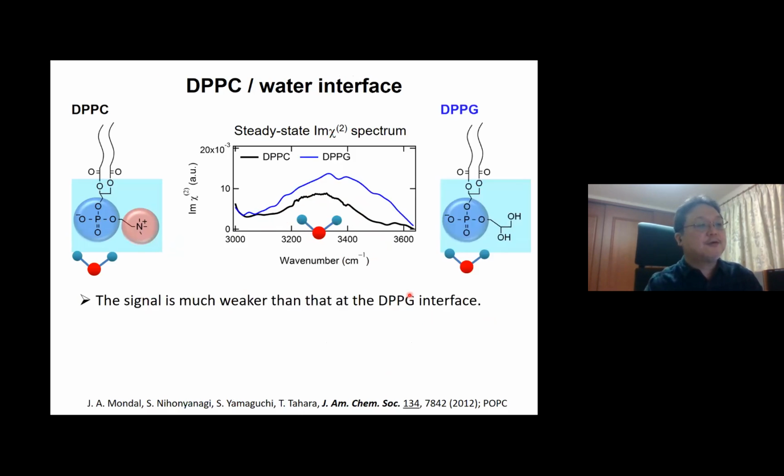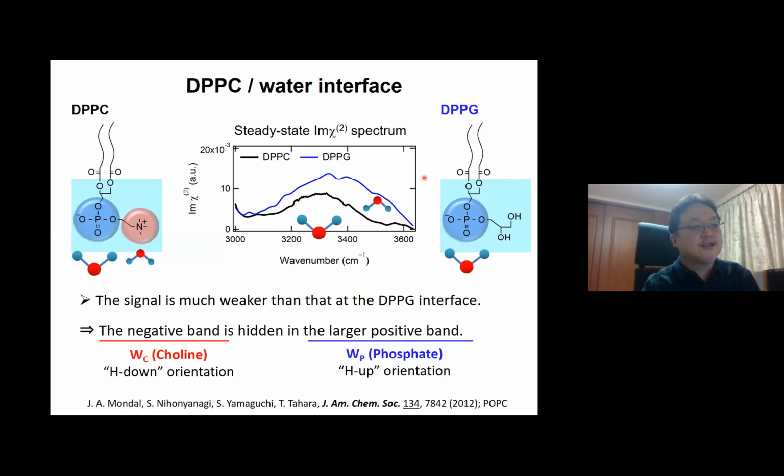But if you compare with DPPC, which has the phosphate only, the OH stretch band is a little different. It is a little bit suppressed, and actually here we have kind of a bump feature. Then with several control experiments, we concluded that this missing spectral component corresponds to the H-down orientation around the choline group.